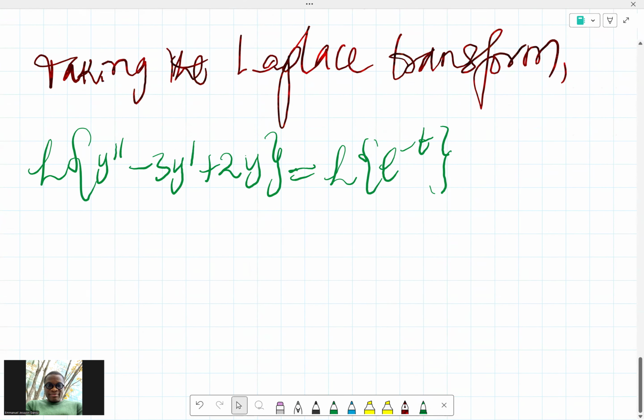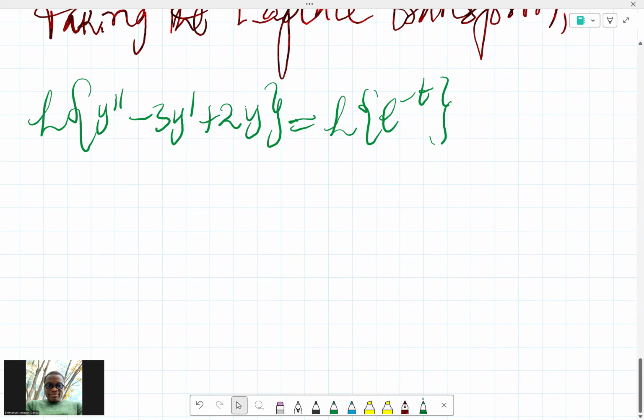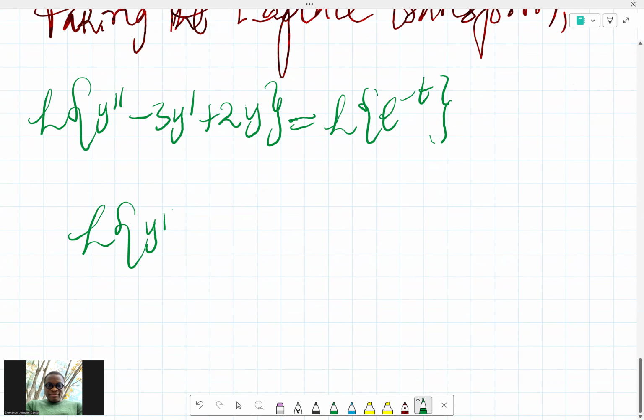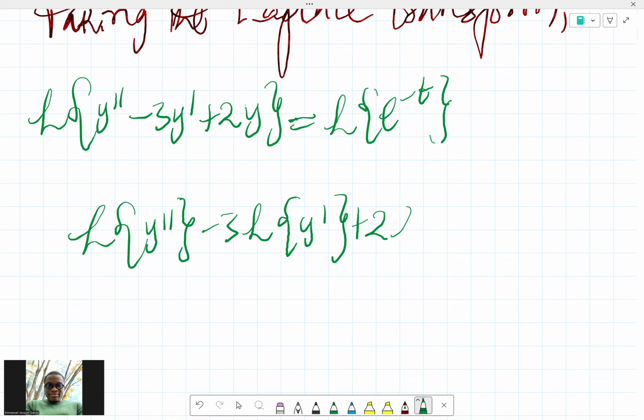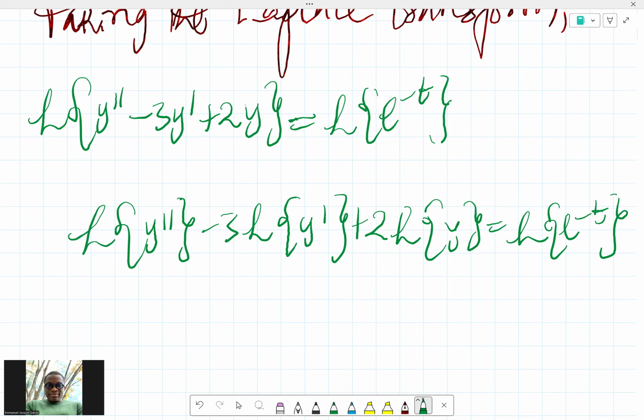Okay, so next we have the Laplacian of y prime prime minus 3 Laplacian of y prime plus 2 the Laplace of y equals Laplace of e raised to power minus t. So we can go now and deal with that.